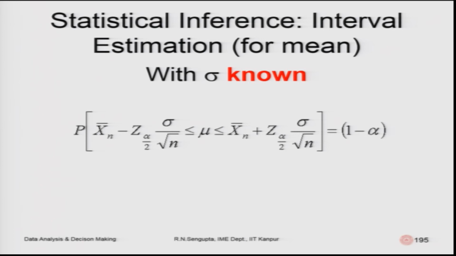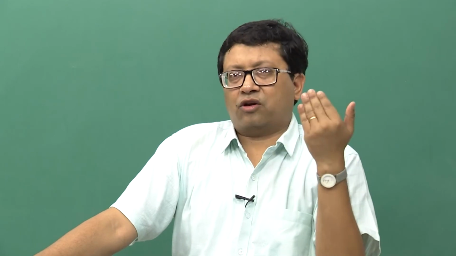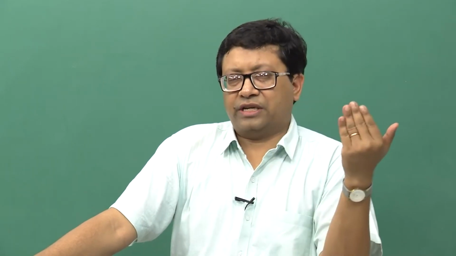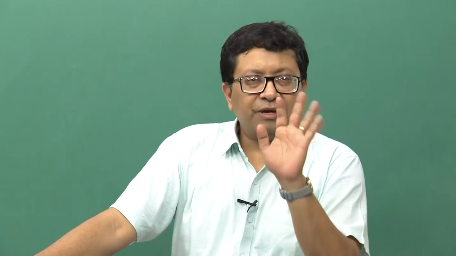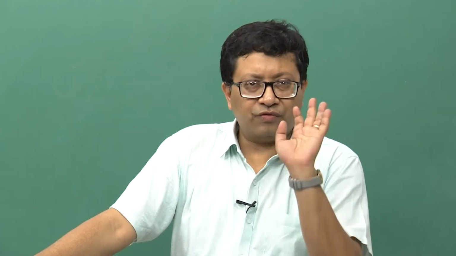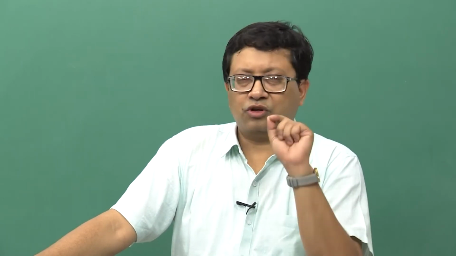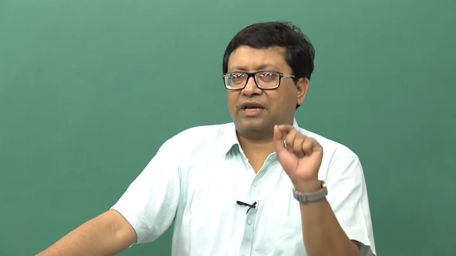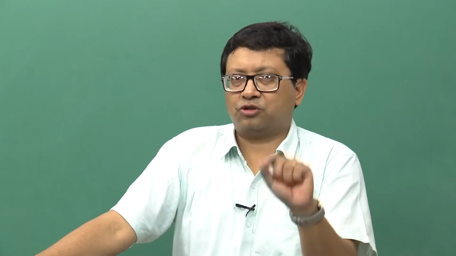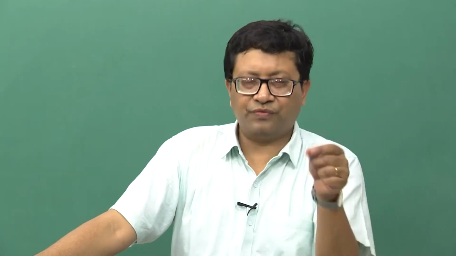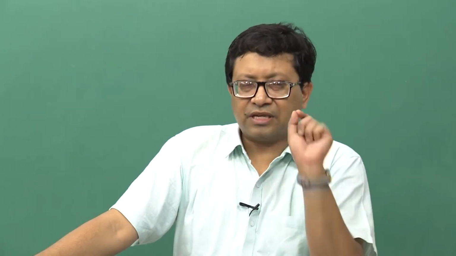I am basically going through the background of the story without going into the details. Obviously, if the mean value is unknown, you have to estimate it from the sample. So, your first question would be, if I want to estimate from the sample for the normal distribution, what is the best mean value? We know that it is the sample mean.